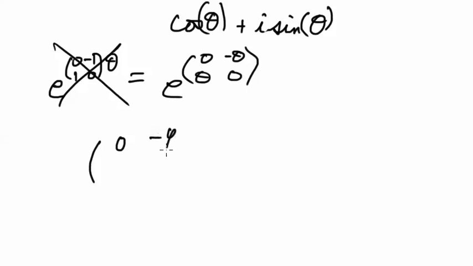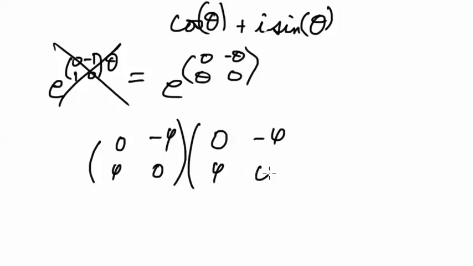And then instead of the i going through, you will just have that matrix going through. Let's use phi, just so that we make it more distinguishable. And go ahead and do the first one of these manually, phi squared, and see what we get.